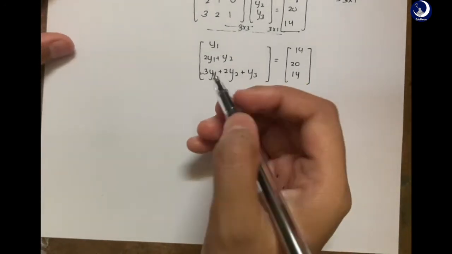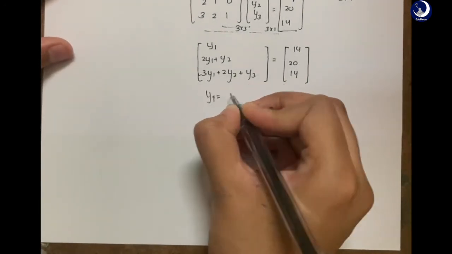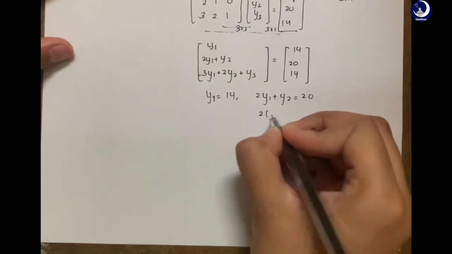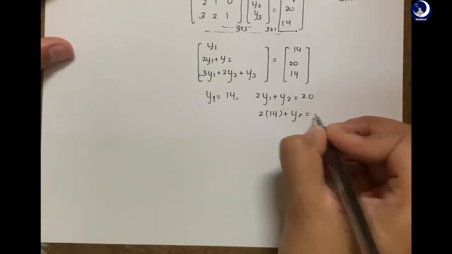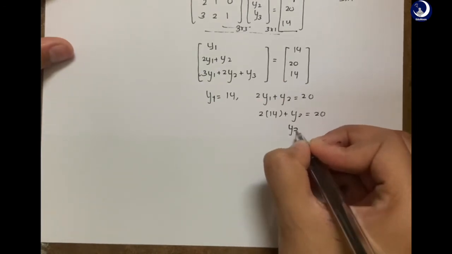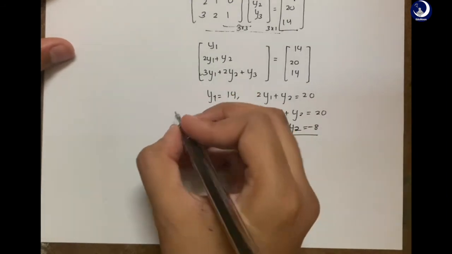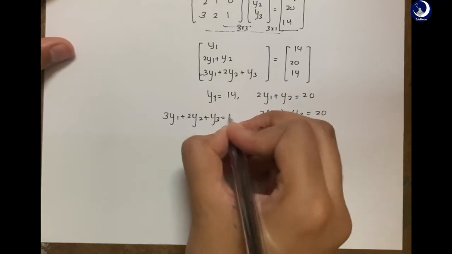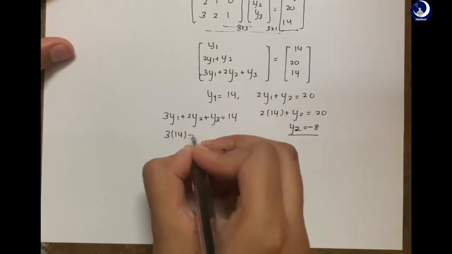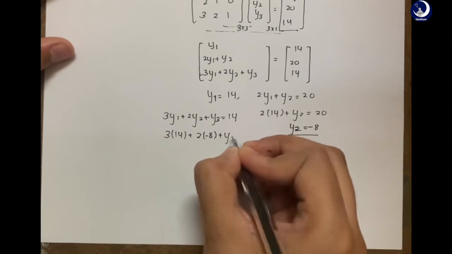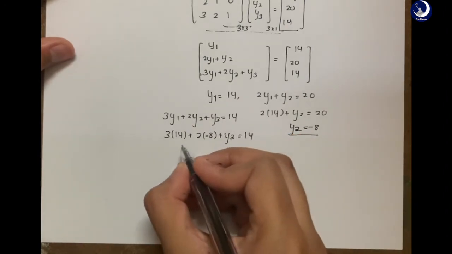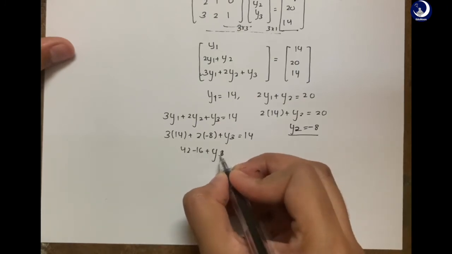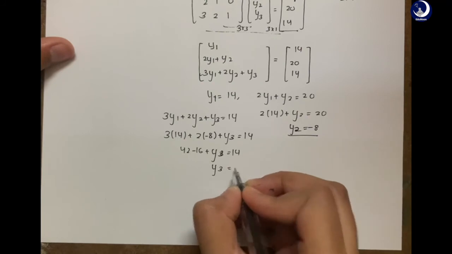Let's find y1, y2, y3 values. y1 equal to 14. y2 equal to -8. y3 equal to -12.